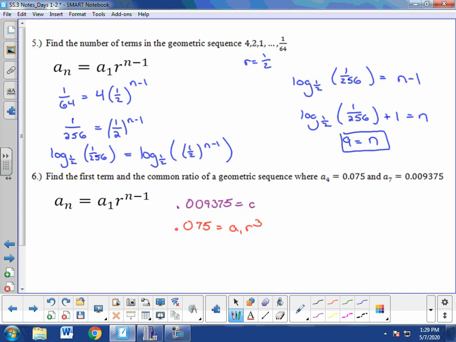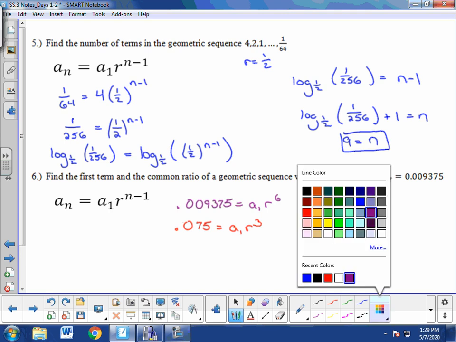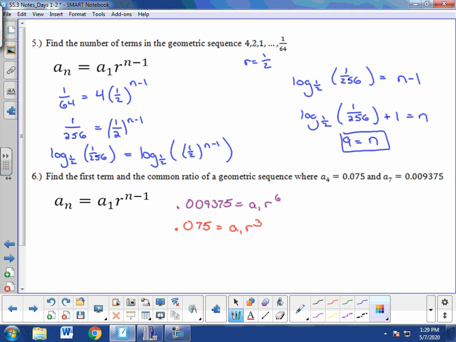The first term is still unknown, and the ratio is still unknown. But the exponent for the seventh term would be 7 minus 1, which is 6. So this gives us a system of equations that we can use to solve for either a sub 1 or r. There are different ways that you could do it.